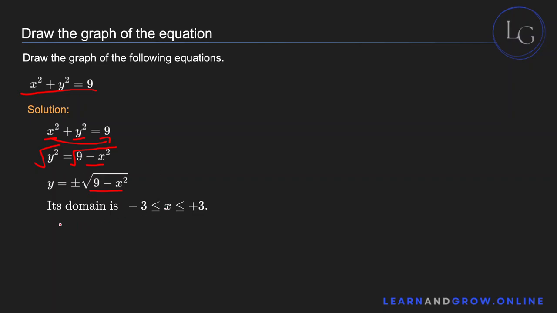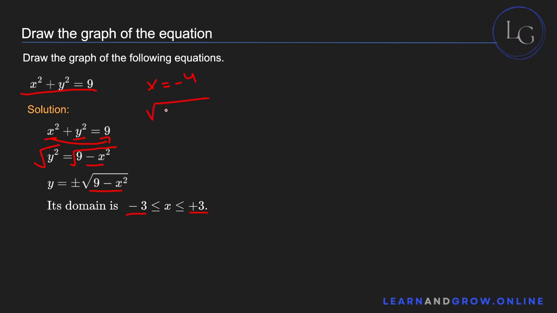Now the domain of this function is between negative 3 and 3. Why? Because once the value of x goes below negative 3 or above positive 3, the total value inside this square root sign will become negative, and that's an imaginary number. So for example, at x is equal to negative 4, well, what happens?